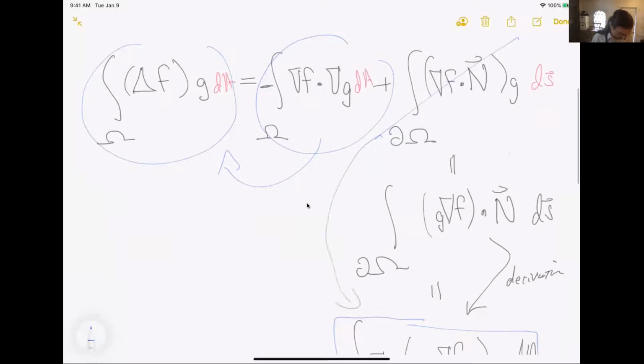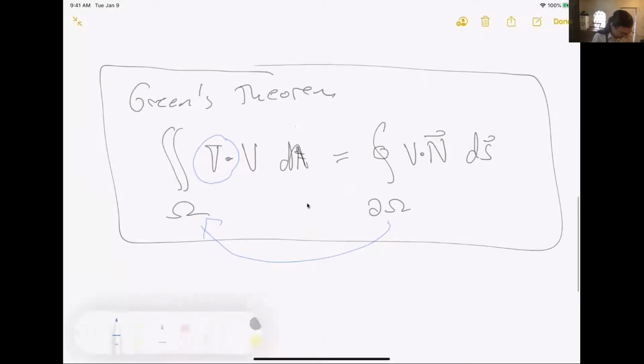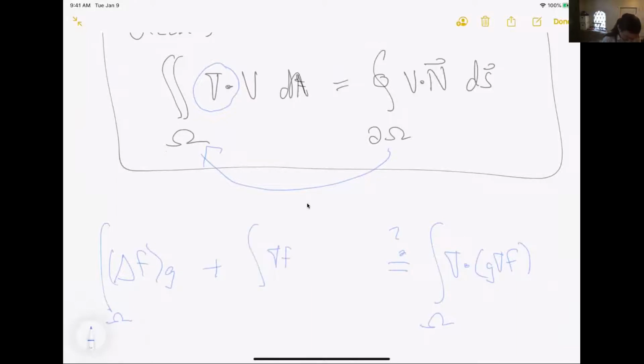What's left to prove is that the integral over omega of the divergence of G times the gradient of F is somehow equal to, here's what you have to prove, that very first term, which was the Laplacian of F times G over omega, plus the next term, which was the gradient of F dotted with the gradient of G over omega.